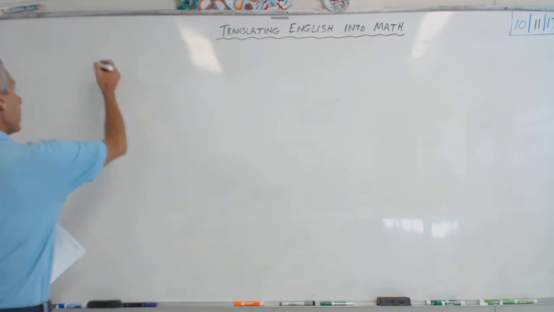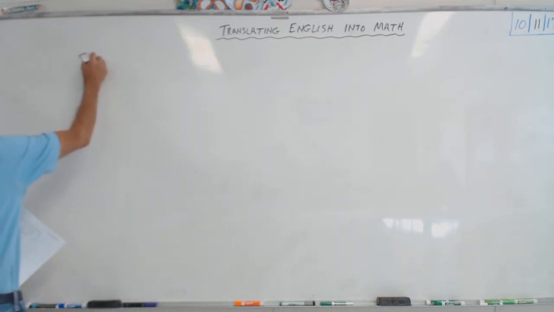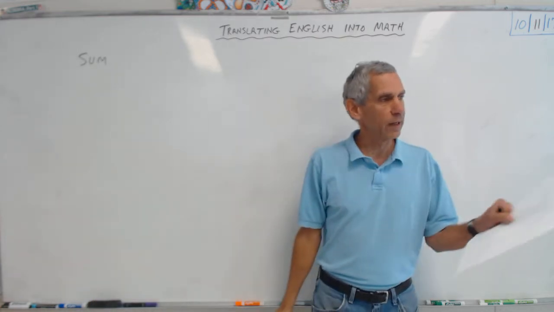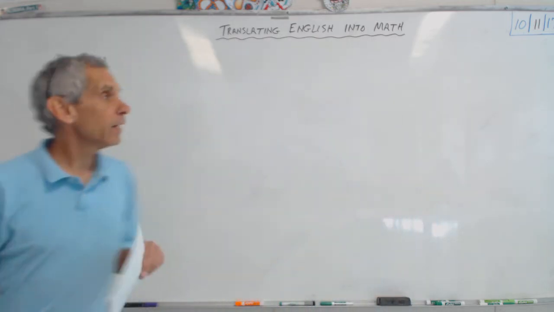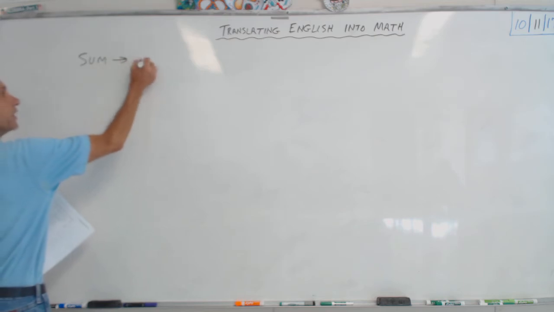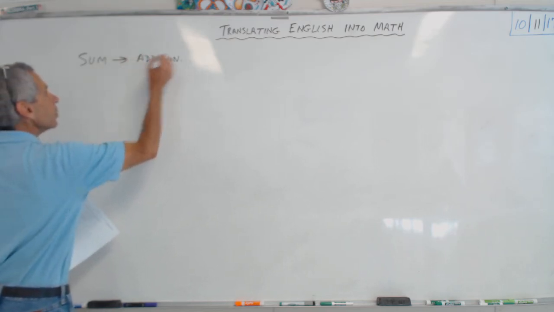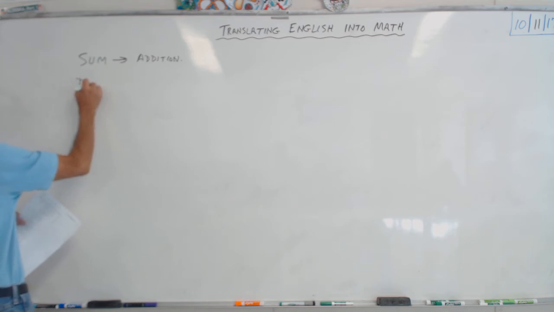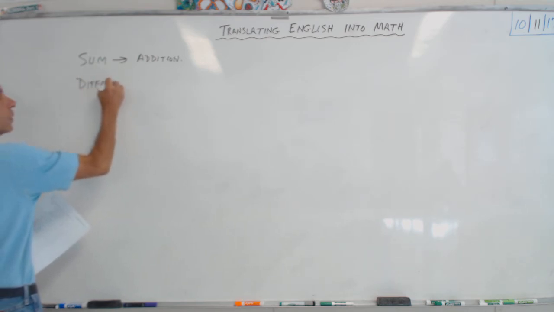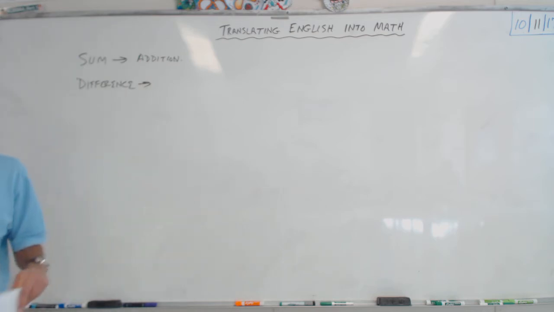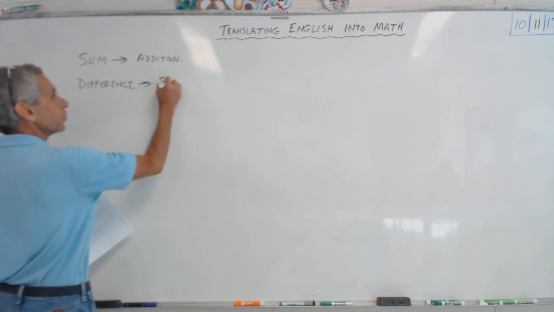First of all, let's talk about the word sum. What does sum mean? If you see the word sum, Jaden. The answer to an addition problem. Okay, so sum is the answer to an addition problem, right? Awesome. What if you see the word difference? Dan. An answer to a subtraction problem.